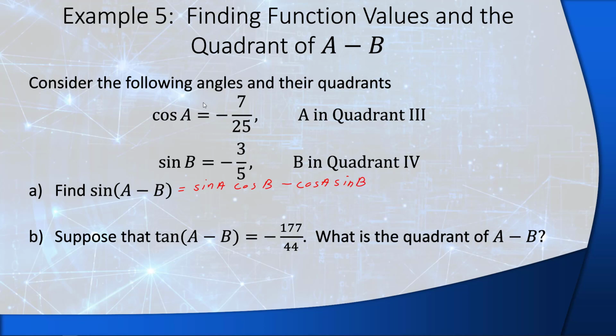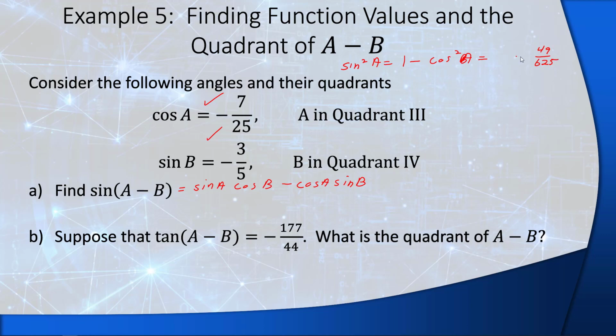Okay, well, we know what cosine of A is, we know what sine of B is, but we don't know what these two are. But we do have the Pythagorean identities. So we do know that the sine squared of A is going to be equal to 1 minus the cosine squared of A. The cosine squared of A is going to be negative 7 squared divided by 25 squared, which will be 49 divided by 625.